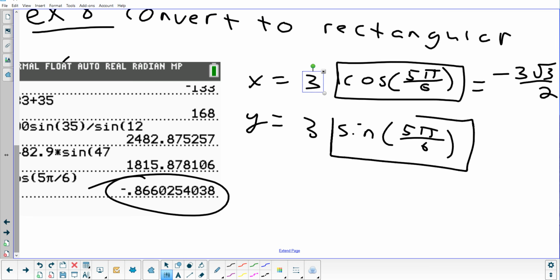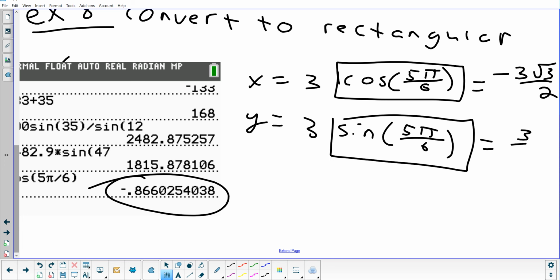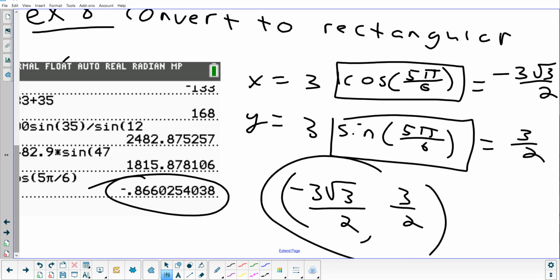So this is a half times 3, which is 3 halves. And that's it. Just write your coordinate: negative 3 root 3 over 2, comma, 3 halves.